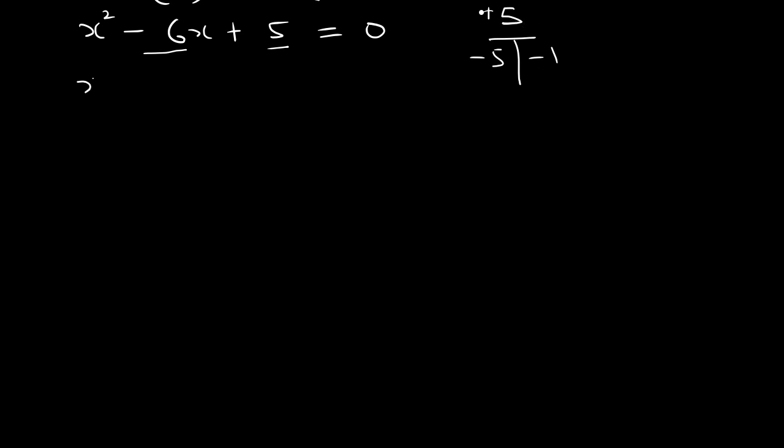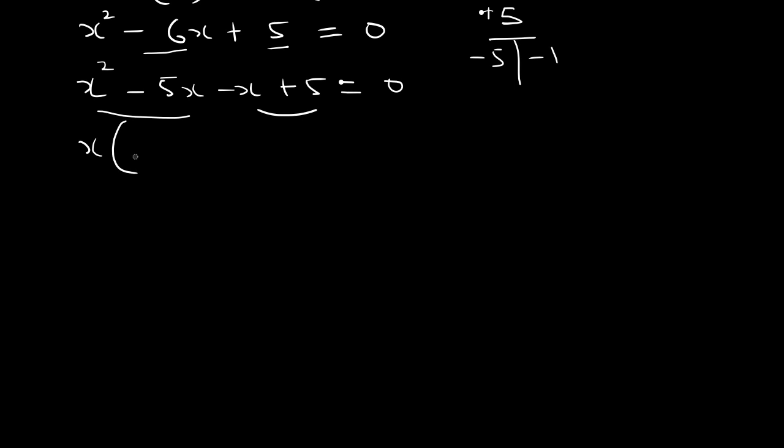So we'll bring them in. x squared minus, in place of minus 6x, we'll put minus 5x and minus x plus 5 is equal to 0. We'll factorize by grouping. So here x is common. We have x minus 5, and here is minus 1 into x minus 5.